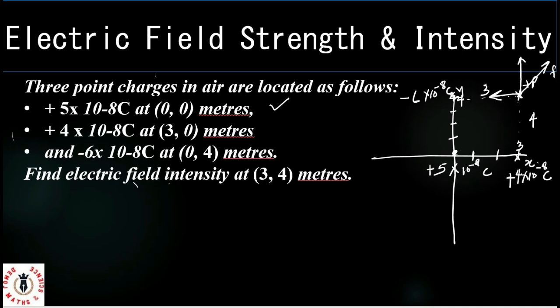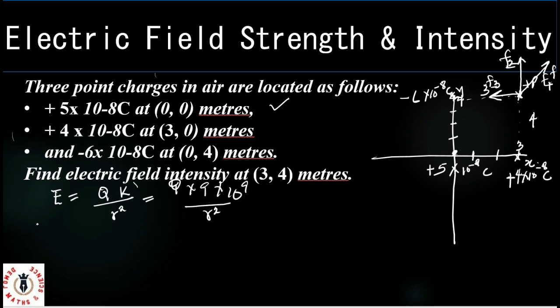Let's tag this F1, I'll tag this F2, and I'll tag this F3. Now, remember it should be E, not F, because we're talking of electric field intensity, E. Remember that E is the same thing as Q times K over R squared, which is the same thing as Q times 9 times 10 raised to power 9 over R squared.